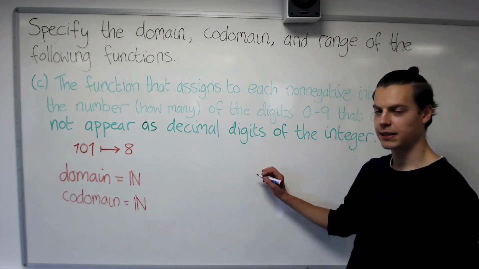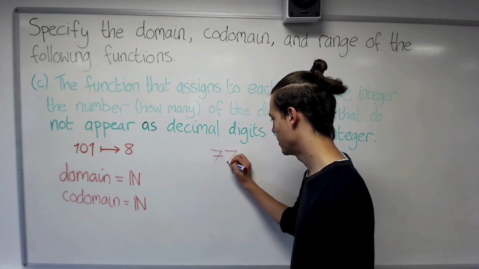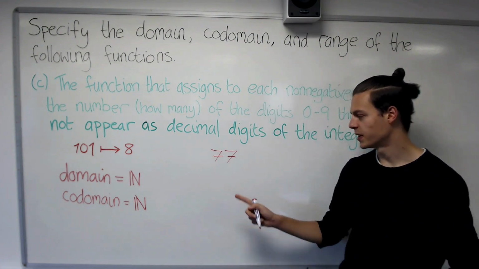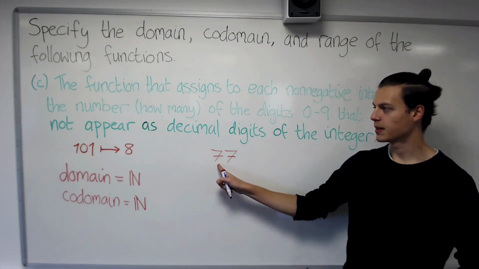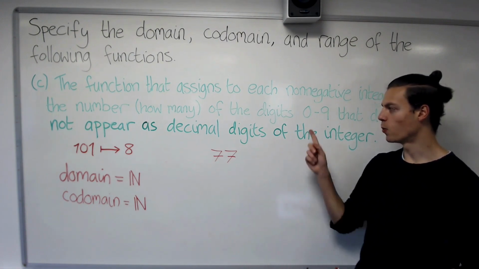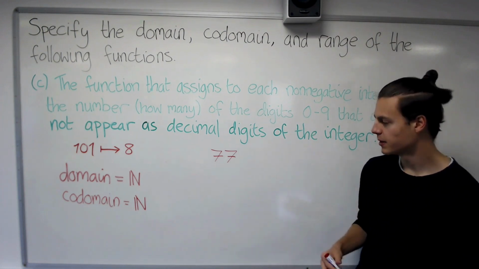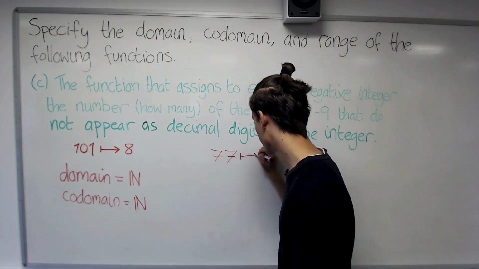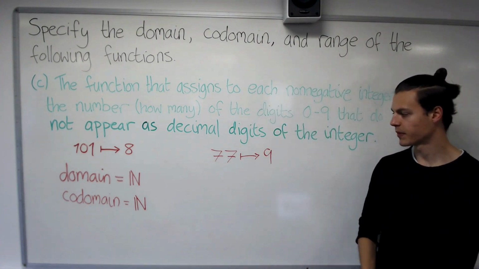So let's look at some examples. If we apply this function to the number 77, this includes one of the digits and excludes 9. So the function will output 9.